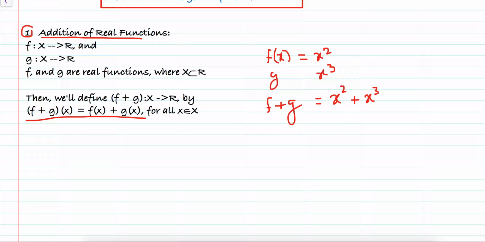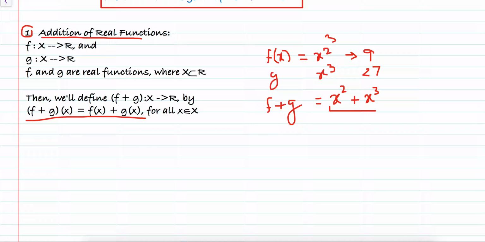So if x takes a value, suppose 3, then f(3) is 9 and g(3) is 27.